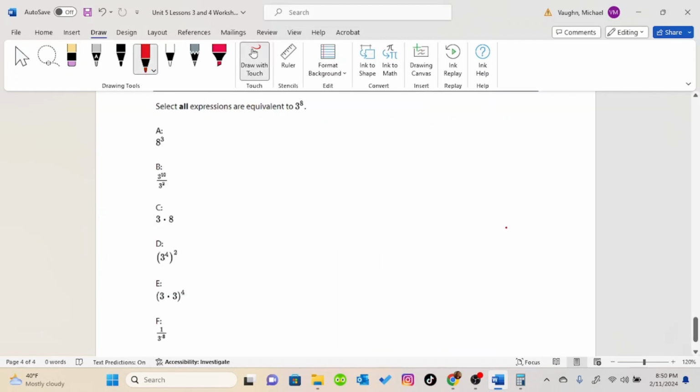Select all expressions that are equivalent to 3 to the power of 8. Well, A is not correct because this swapped the base and the exponent. B has 3 to the 10th divided by 3 squared.